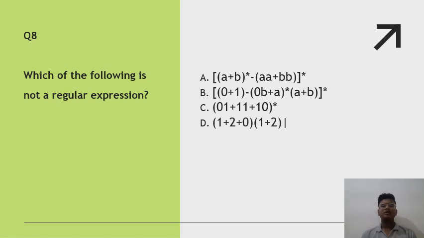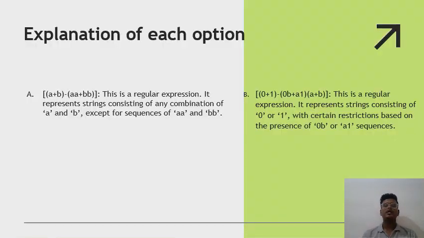This is the eighth question of the multiple choice questions. In this question, we have to find which of the following is not a regular expression. From the given options, as we proceed, we can say that the first one is a regular expression.